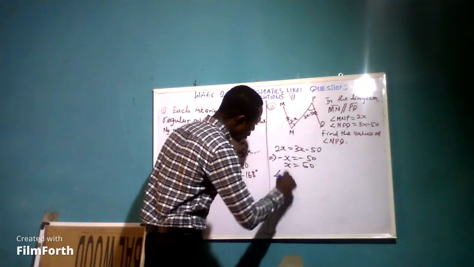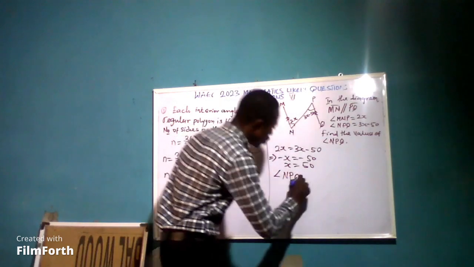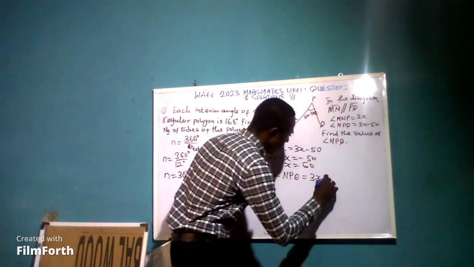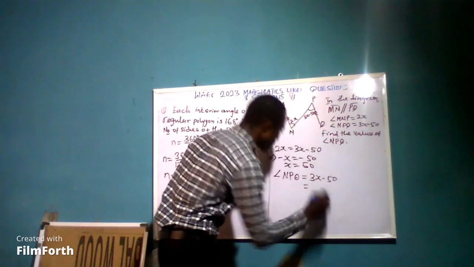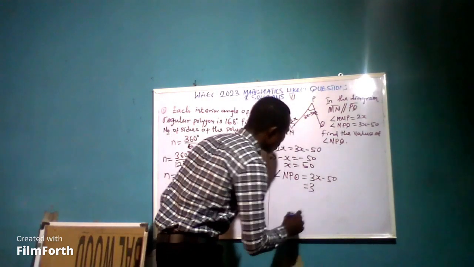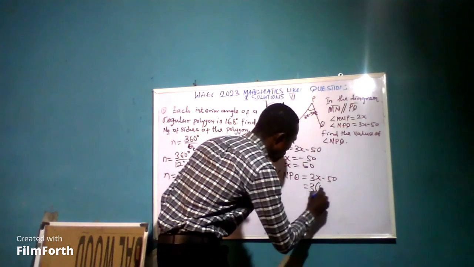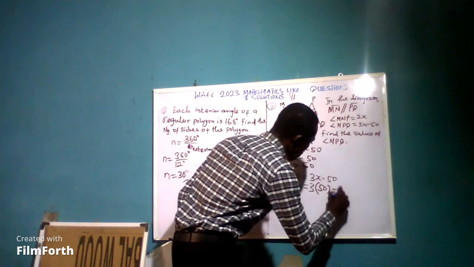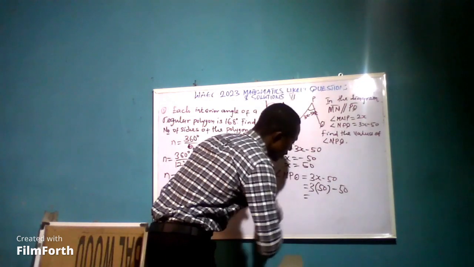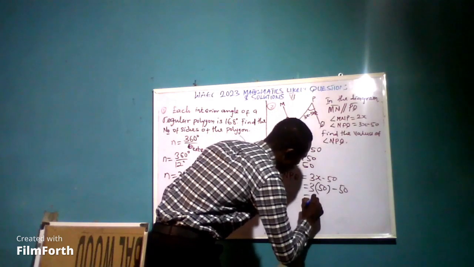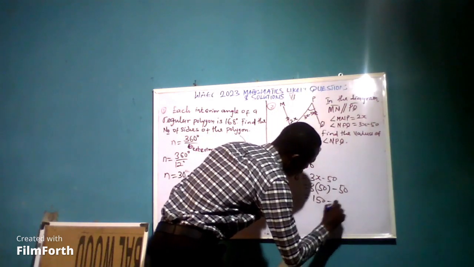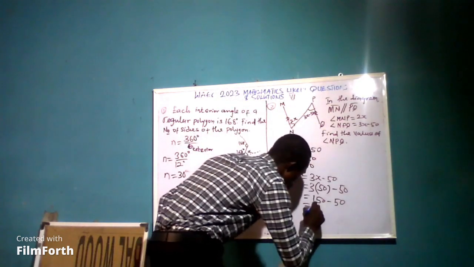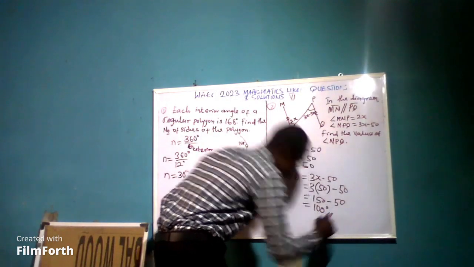Angle NPQ is equal to the expression 3x minus 50, so it will be equal to 3 into brackets the value of x, which is determined to be 50, minus 50. So you have 3 times 50, that will give you what? 150. 150 minus 50. So angle NPQ will be equal to 100 degrees. So that's the final answer.